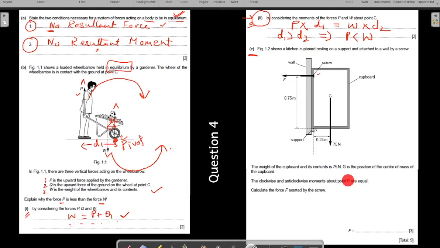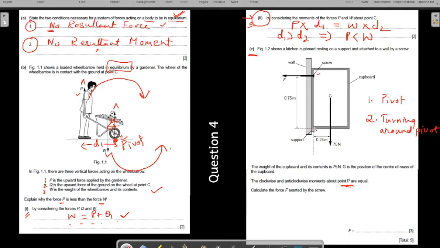Okay, about point P. So where is the pivot? Identify the pivot first. Your first step should be to identify the pivot. If you can identify the pivot, around the pivot the movement or the rotation happens. So the first thing that you should always do is to find the pivot. If you have found the pivot, you can find the turning around the pivot due to the various forces that you see in the picture.